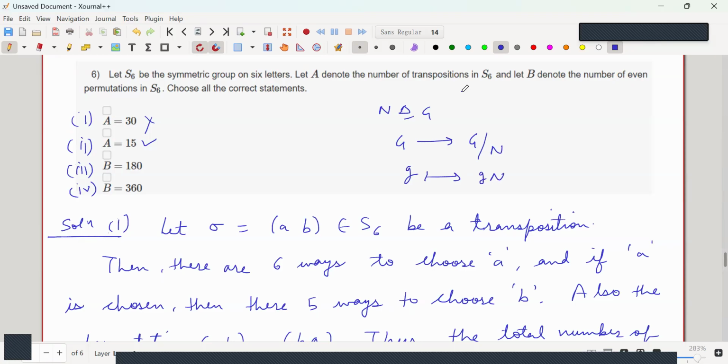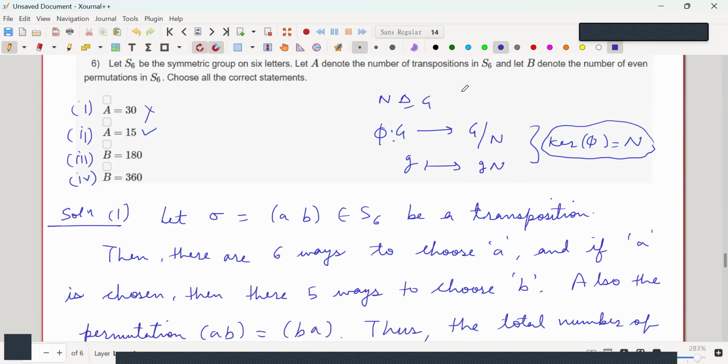What is the kernel? If this is phi, then the kernel is N, right? So every normal subgroup is realized as the kernel of some homomorphism, and for every homomorphism, the kernel is a normal subgroup, right?